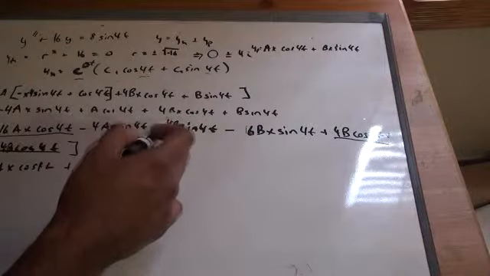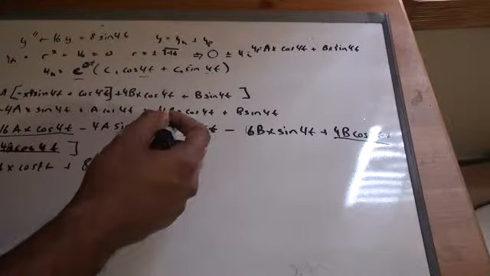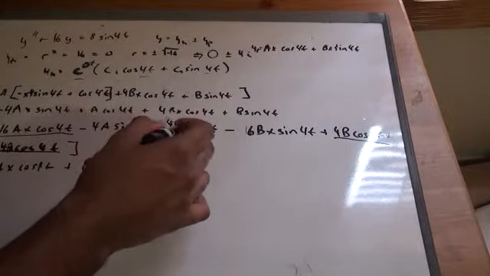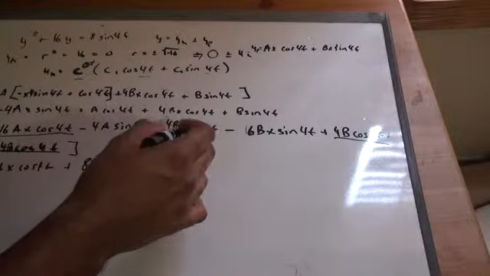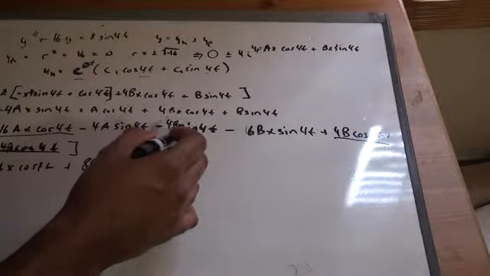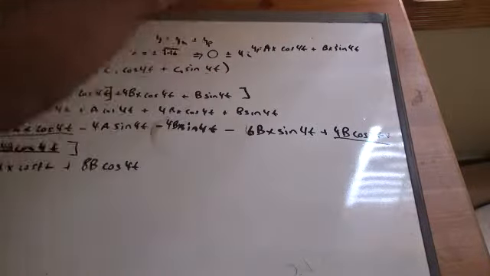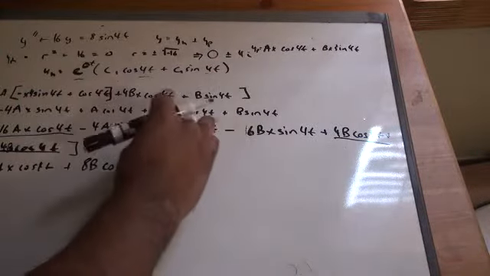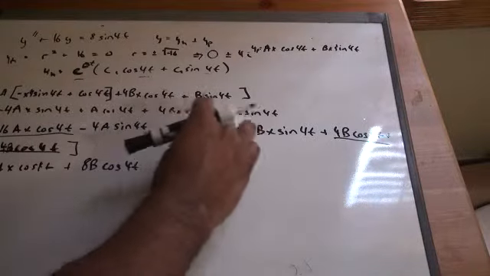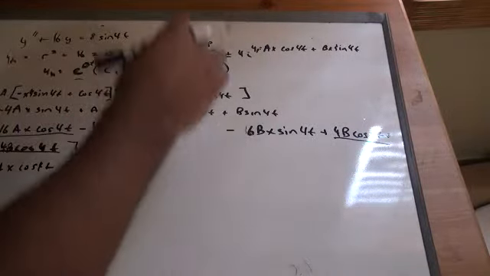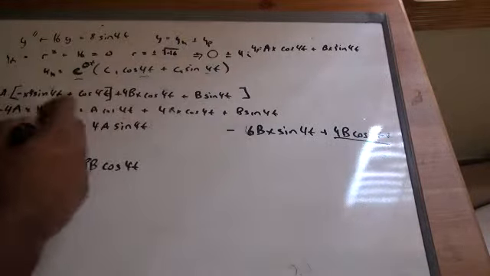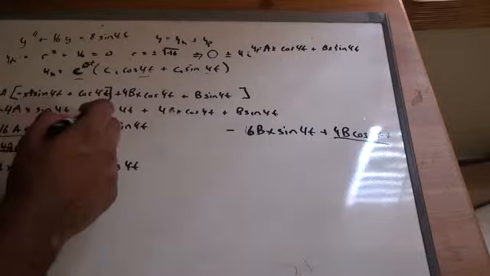Okay, let's go back. I've noticed that this wasn't written down correctly. 4bx sine 4t, and actually that would be 16 because there was already a 4 there. See, I didn't take my own advice. This is the derivative of this.